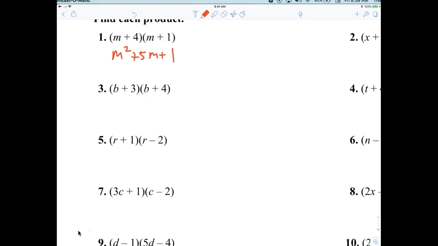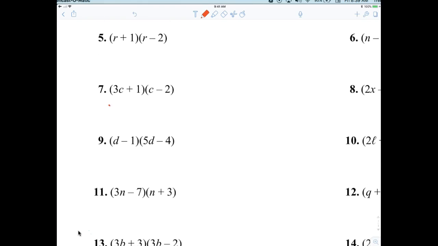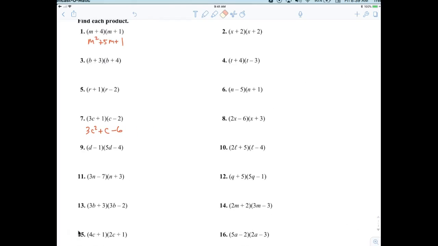You're supposed to be able to look at number 7 and say, that's 3c squared plus c minus 6. You're supposed to just be able to see that. Nobody can really yet, because they don't understand the pattern. But I'm going to show you today the pattern, and then it'll be simple for you. So please pay attention now.